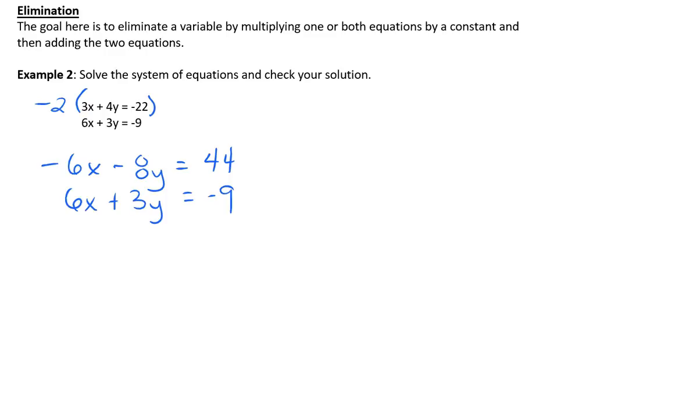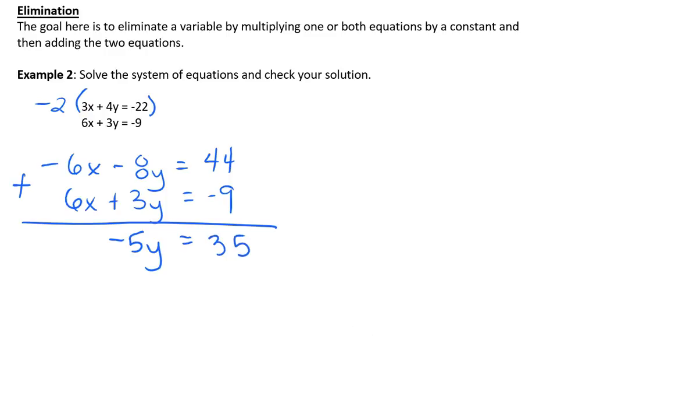In order to eliminate the x variable, we can add these two equations together. So we add like terms. Negative 6x plus 6x combine to 0. Negative 8y plus 3y gives us negative 5y, and 44 minus 9 gives us 35.